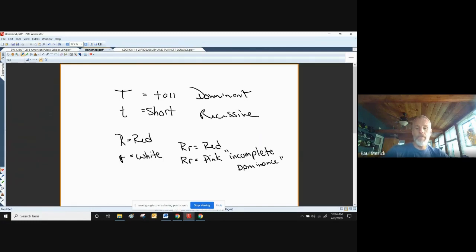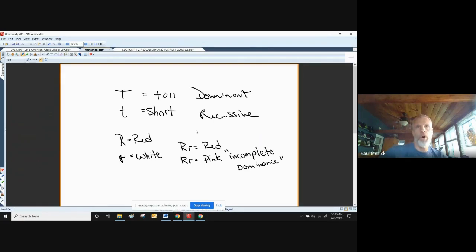And so that means that there's a blend. And you'd have to be told that. You wouldn't know that. So I don't want you going around memorizing, oh, when it's capital R, little r, it's not red, it's pink. No, you would have to be told there are two traits. Red is incompletely dominant over white.